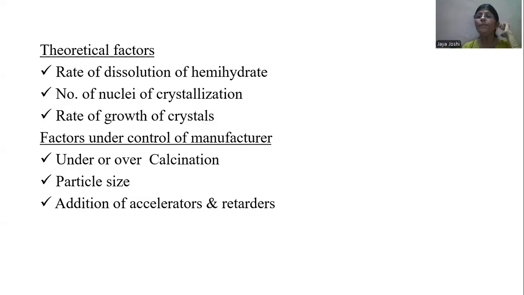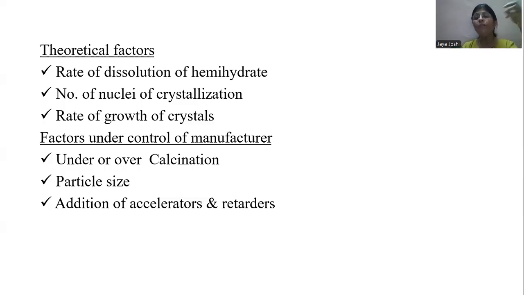Usually, the mode of action of an accelerator in case of plaster or stone is by increasing the solubility of the hemihydrate and not the dihydrate. And the mode of action of a retarder is that it forms an adsorbed layer over the growing crystals, and thus it retards the rate of reaction. There are certain chemicals used as accelerators. The most commonly used accelerators are potassium sulfate and sodium chloride.